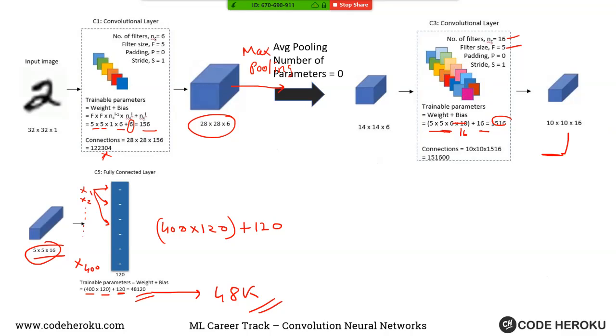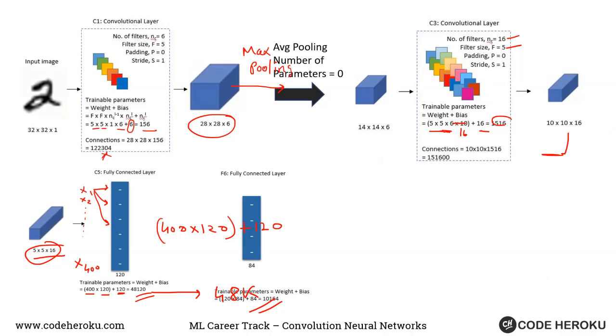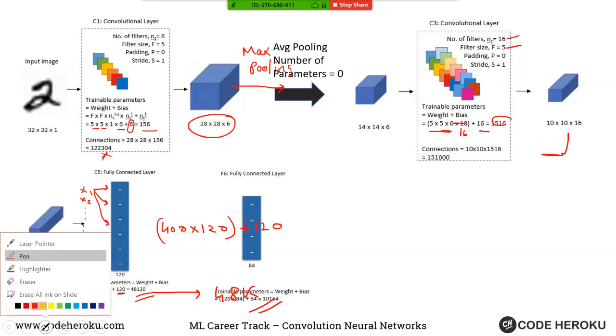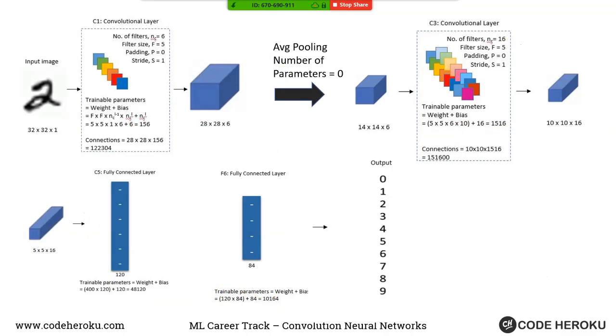Yeah, 120 times 84 plus 84, because each hidden unit also has bias terms. So 84 units have 84 bias terms, and each of the 120 connections is connected to the next layer. So we have 120 times 84 plus 84 parameters.